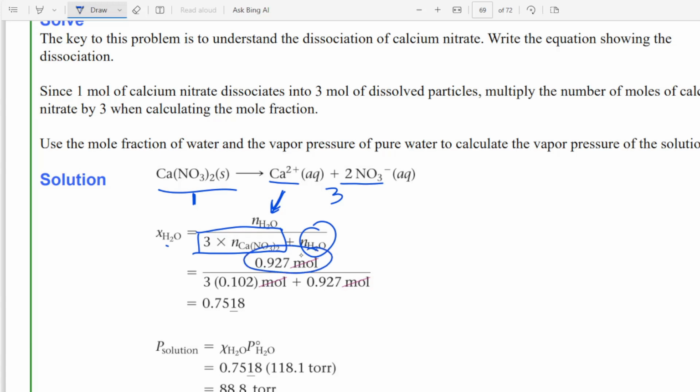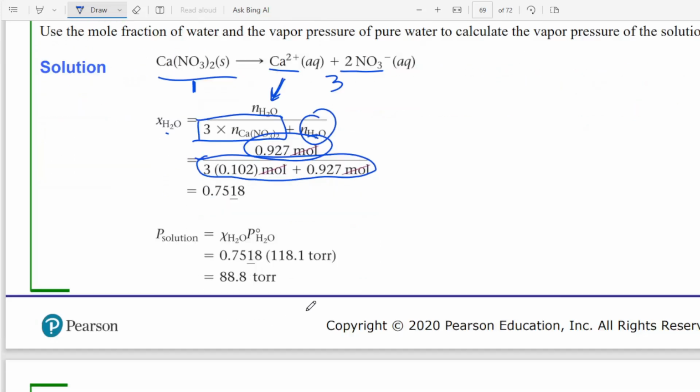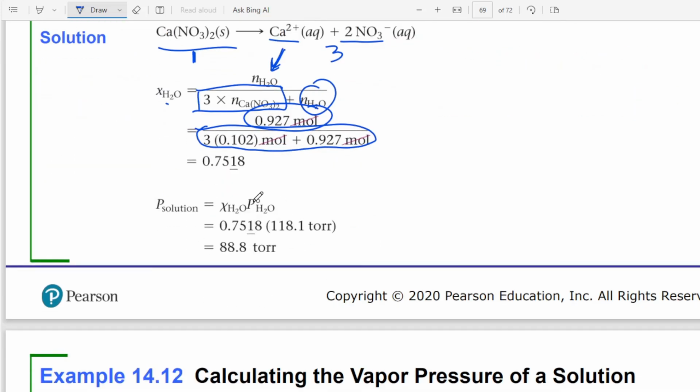So we get 0.927 moles of water, and then on the bottom 3 times the moles of calcium nitrate that we put in plus the moles of water for the total, giving us 0.7518 for the mole fraction of water. Now the vapor pressure of the solution is the mole fraction of the water times the vapor pressure of pure water at that temperature. So that's 0.7518 times 118.1 torr, giving us 88.8 torr.